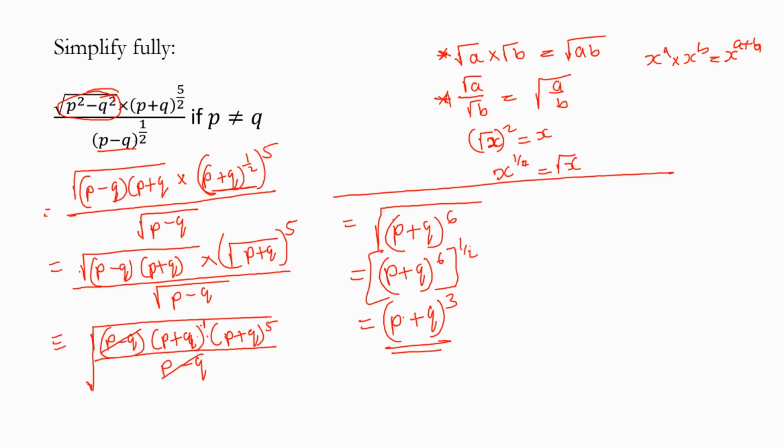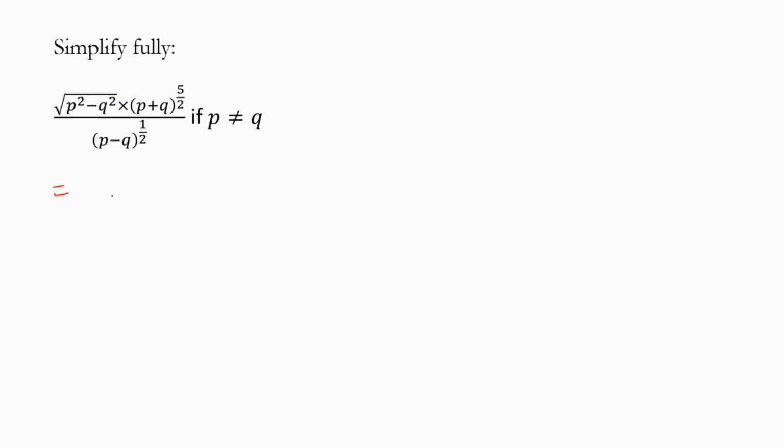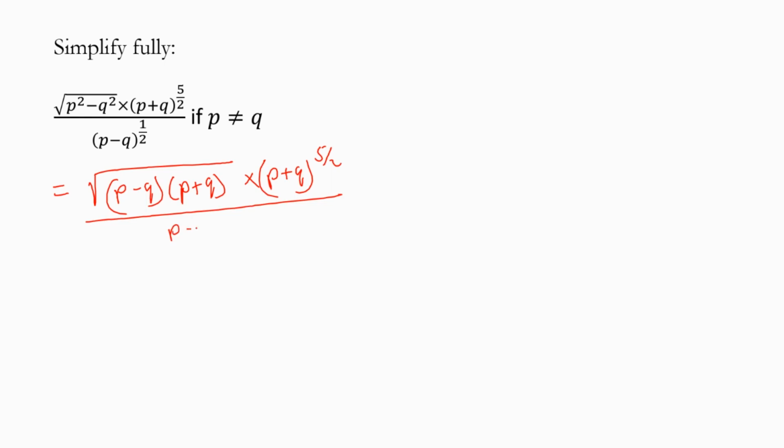Let me show you the other method. This is equal to the square root of p minus q times p plus q, difference of two squares, times p plus q to the power 5 over 2, then over p minus q to the power half, right?